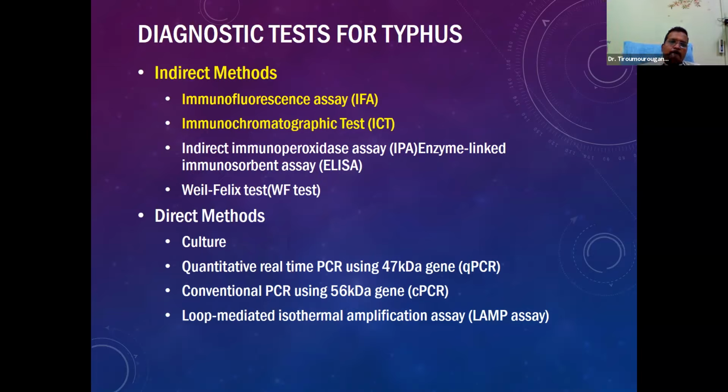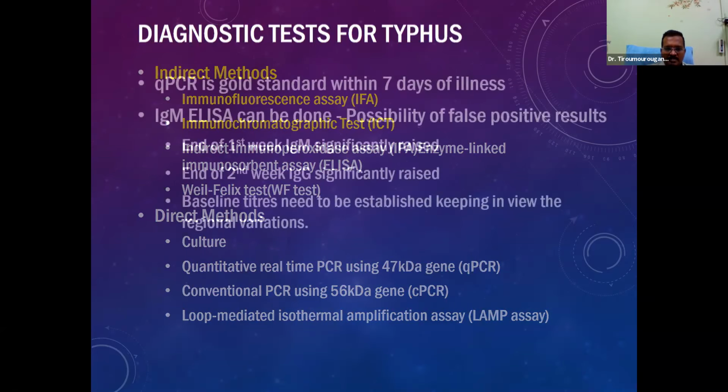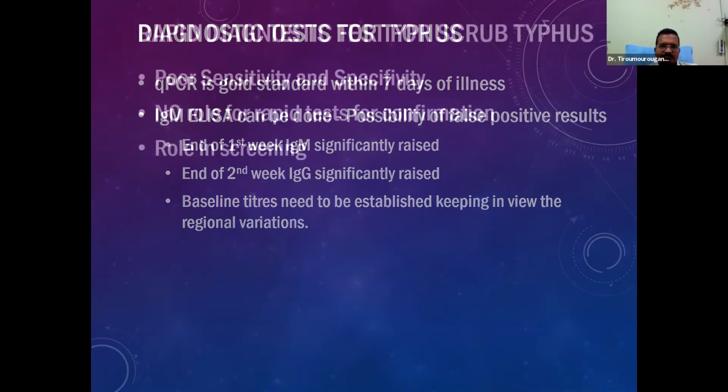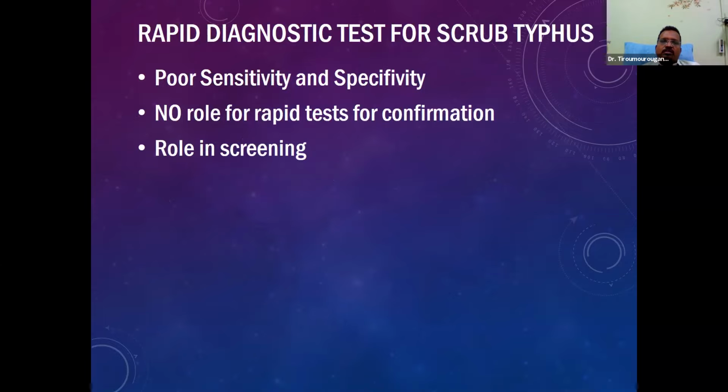One of the commonly done tests, the Weil-Felix test, is definitely of no use. I could discuss it maybe at the end, but among the direct methods, qPCR or quantitative real-time PCR is probably the one which is quite useful and is the gold standard as of now. IgM ELISA can be done, but there's a huge amount of false positives.